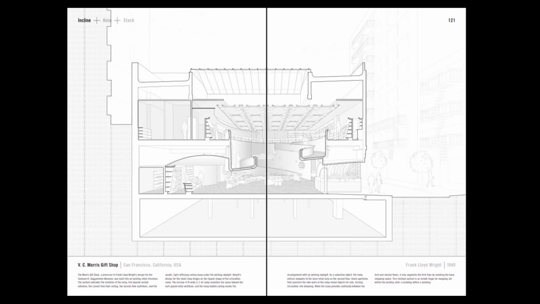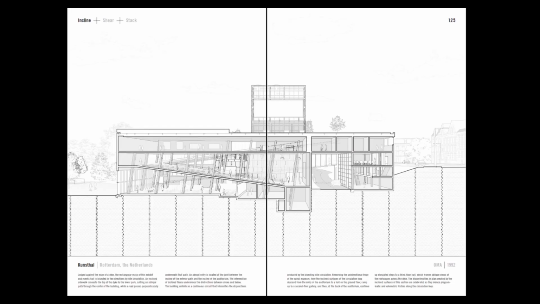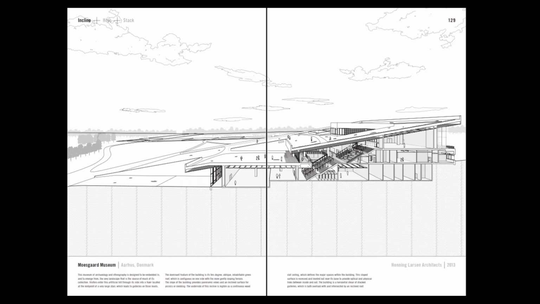What else? Oh, the Guggenheim. What else? Kunsthal. So now I'm just gonna flip through them, but if you get the chance to have the book, just stare at it for as long as you can and try to understand the building and how it works, because this is the most clear technical drawing that you can have to understand the building and how the functions are and how the light goes in and out and how the structure is.